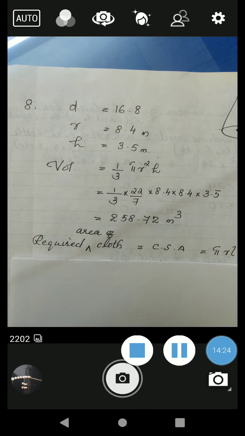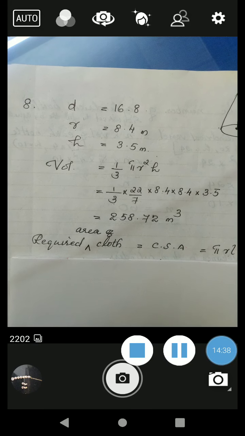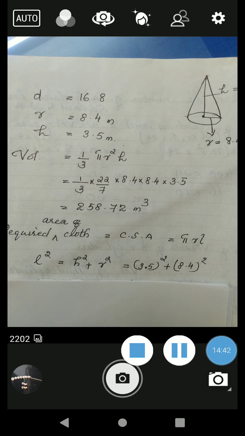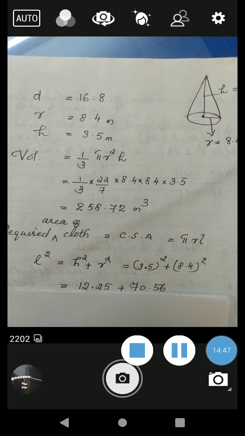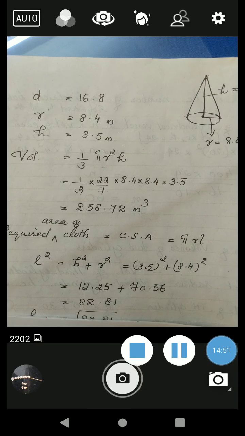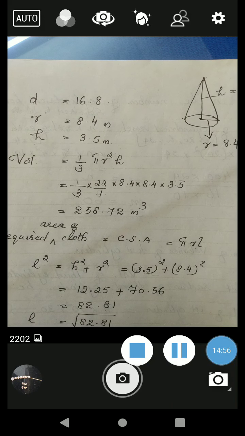Then next is required area of cloth. Area of cloth required to just cover the heap, that is curved surface area, that is pi r l. Here l is not given, therefore you have to find l first, that is l square is equal to h square plus r square. Substitute values: 3.5 the whole square plus 8.4 the whole square. That is 12.25 plus 70.56, 82.81. So l is equal to root of 82.81, that is 9.1.